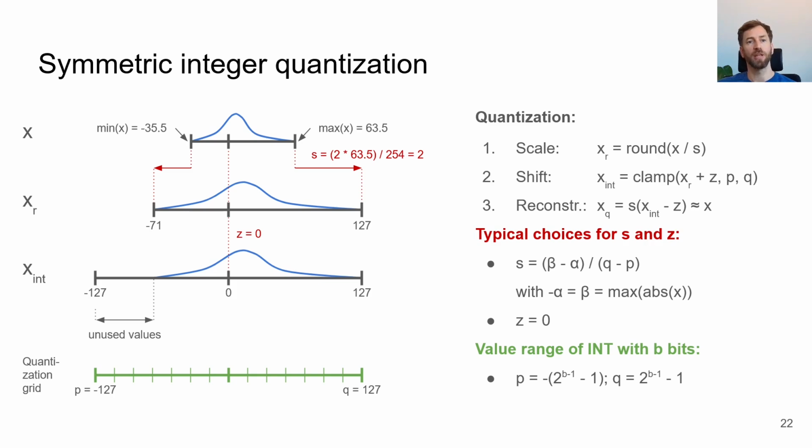So usually 2 steps are applied, scaling and shifting. In symmetric integer quantization, we take the max absolute value of our distribution, in our case 63.5, and scale it in such a way that it's then aligned with the max value of the quantization grid. For symmetric quantization, we do not apply shifting. Note that the scaling can be derived from two linear equations.